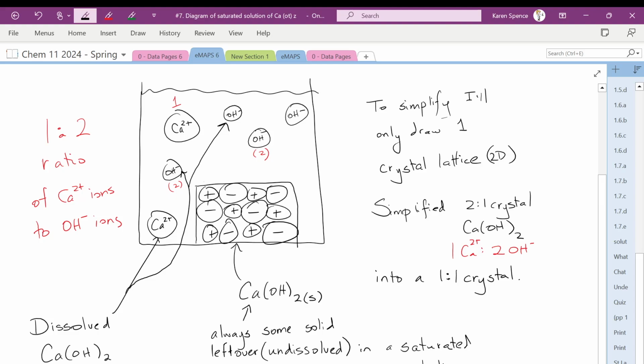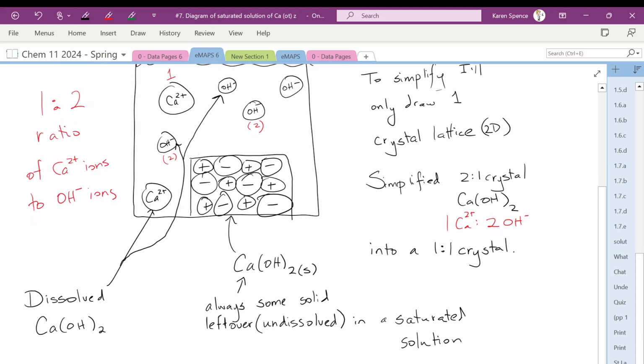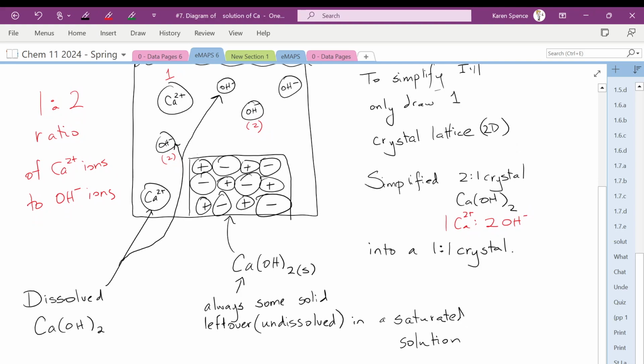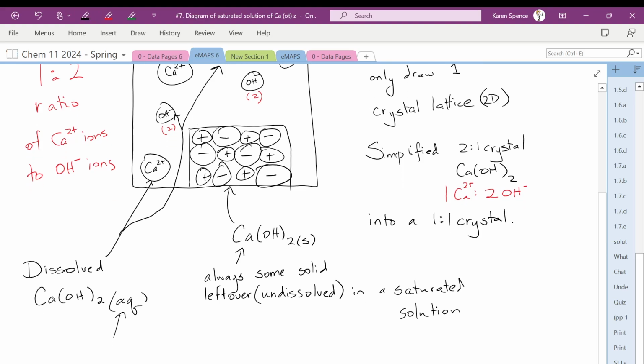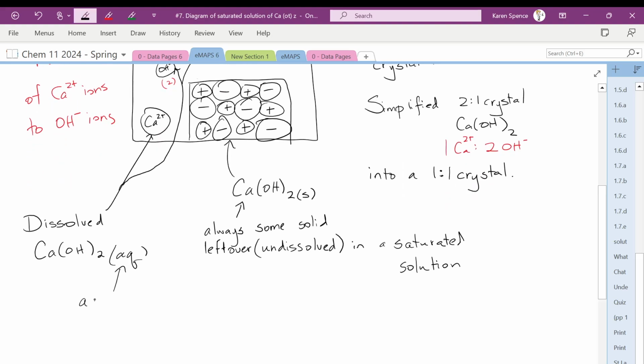And if it is calcium hydroxide dissolved, do you know what state that is called? I don't know if we've talked about it this year or not. Say it louder. What is it? Aqueous. So we're going to put an AQ, which stands for aqueous.